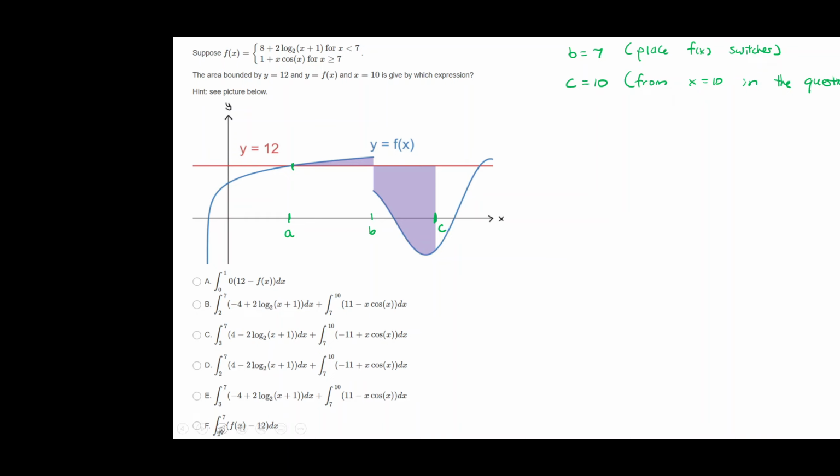So what we can tell right away is that our area is going to be an integral from A to 7 of the top function minus the bottom function, plus an integral from 7 to 10 of a top function minus a bottom function.